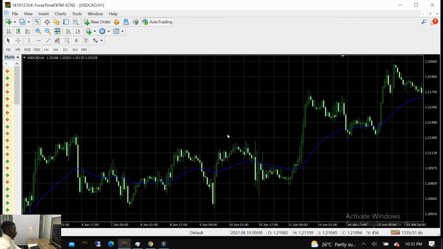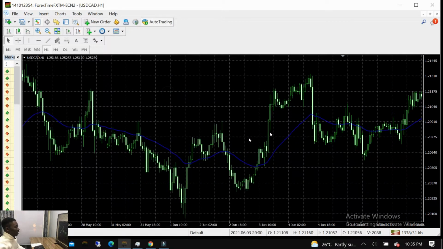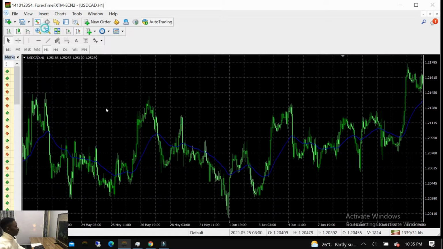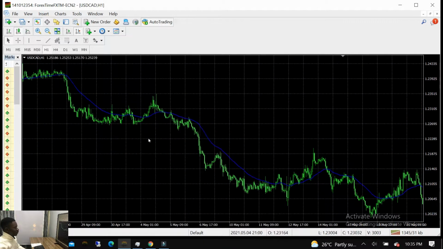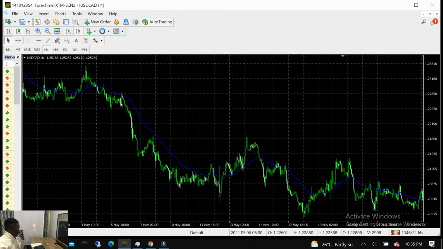Perfect. So now let me explain the meaning of pullback so you would definitely understand where I'm coming from and where we are going. A pullback is just a correction that exists in an existing trend. So let's assume there is a trend. Let me show you an example of a trend. This is an example of a trend right here.